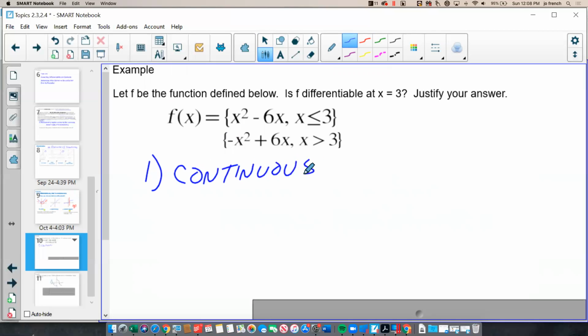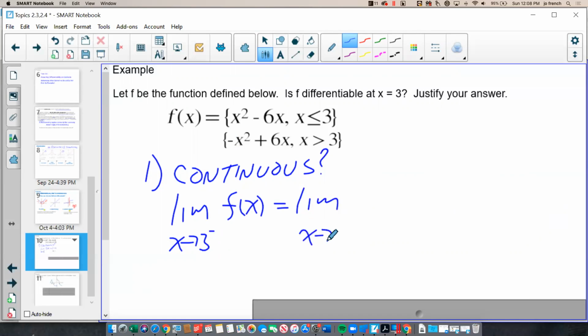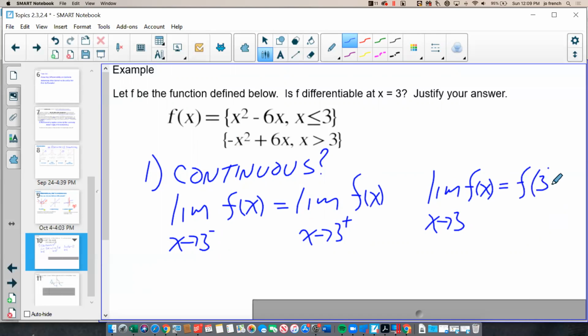We go back to our definition of continuity: the limit as x approaches 3 from the left of f of x equals the limit as x approaches 3 from the right of f of x, and if that's true, is my limit of f of x equal to the function value at 3?